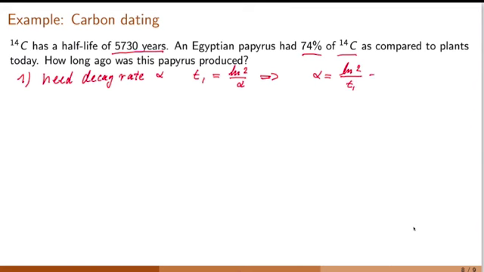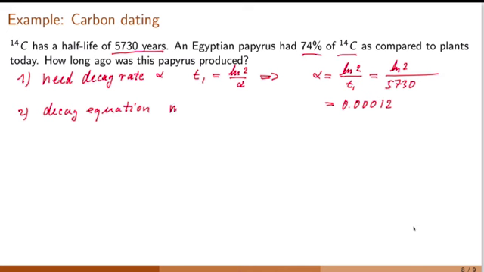Now in our case we have numbers, so this is log 2 divided by 5,730 years. So if we compute this, we get a low number of 0.00012. And then secondly, we use the decay equation, which is m prime is equal to minus alpha m, with a solution m of t is equal to m0 e to the minus alpha t.